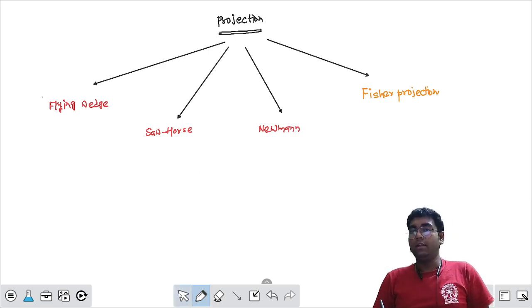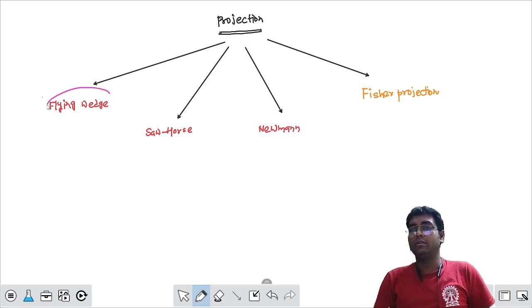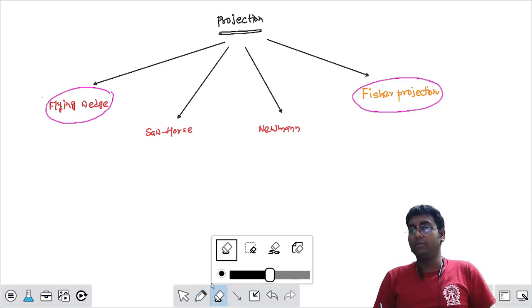Okay, and the main thing is to interconvert between these two, this flying wedge projection, and this one is Fischer projection. So we have to learn how to interconvert between both of them.